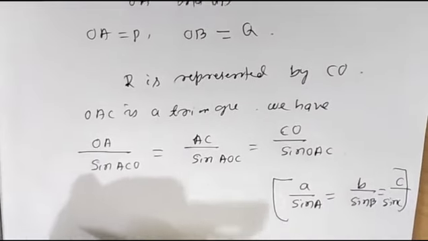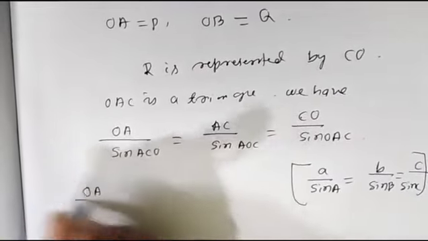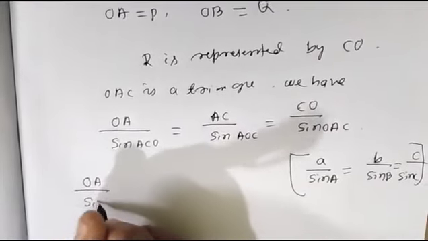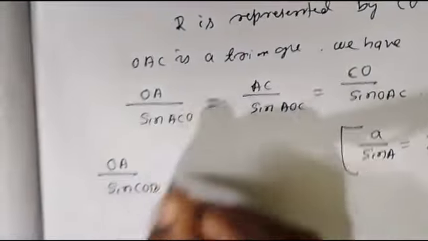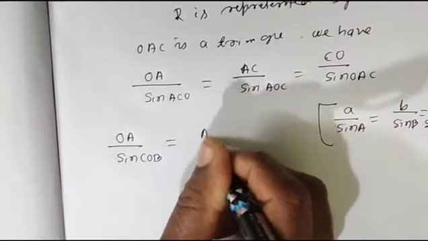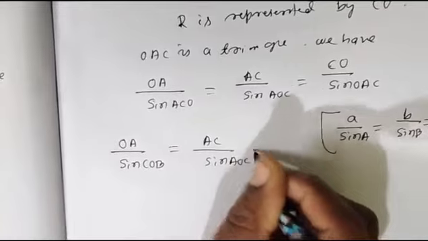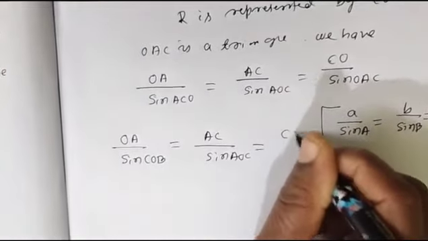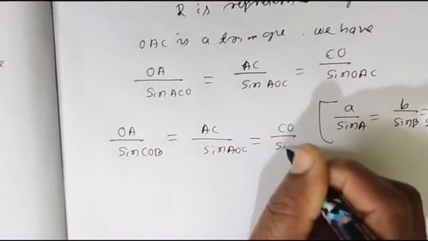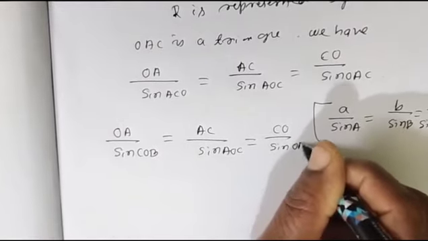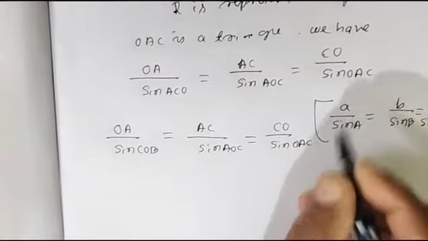Here OA by sin COB is equal to AC by sin AOC is equal to CO by sin OAC.